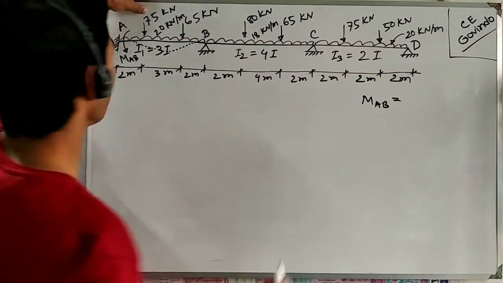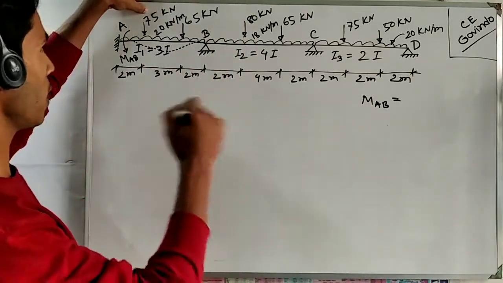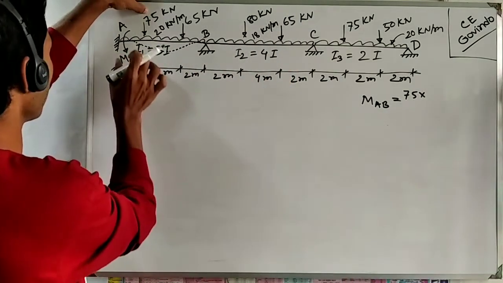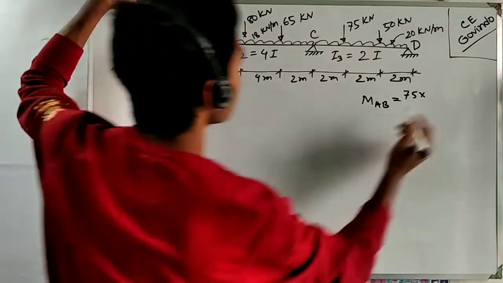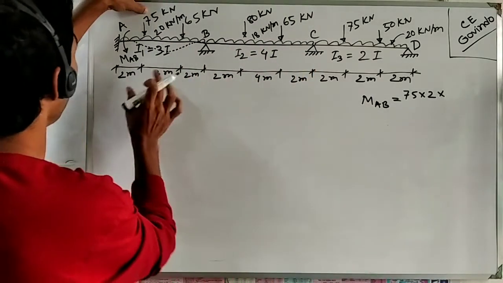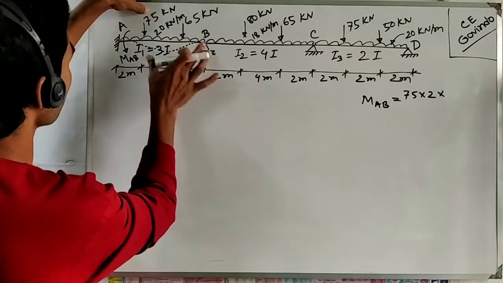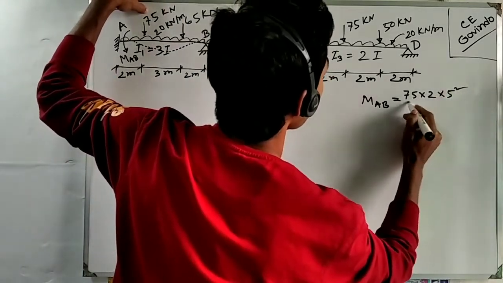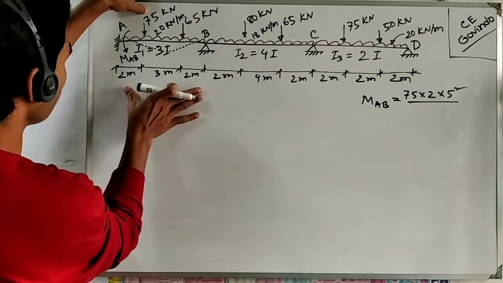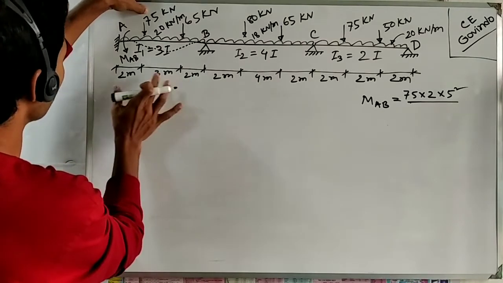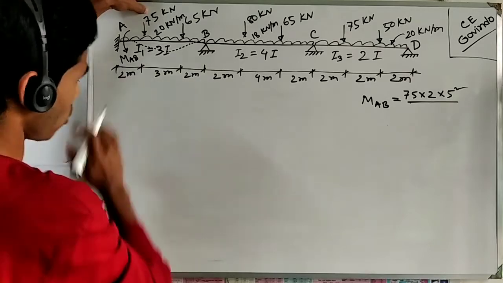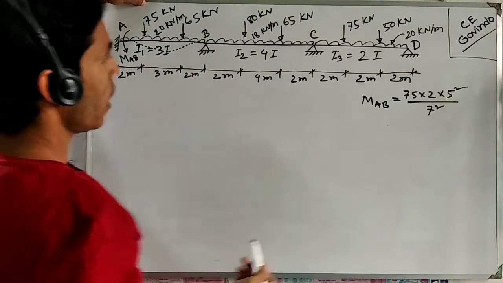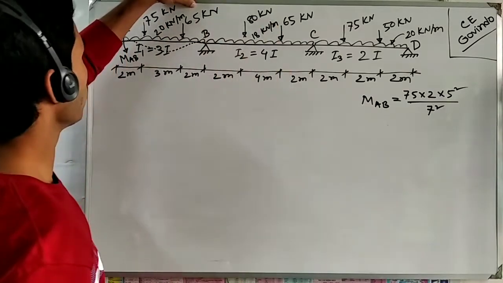For this point load, the moment will be, as we know the formula, P a b square by L square, 75 into this distance a, where here a is 2 meter, that is 2 into, and this distance is the support distance from the right support, 5 meter, P a b square by L square, where L is the span length of this span, which is 2 plus 3 plus 2, that is 7 square. This is the moment for only this point load.